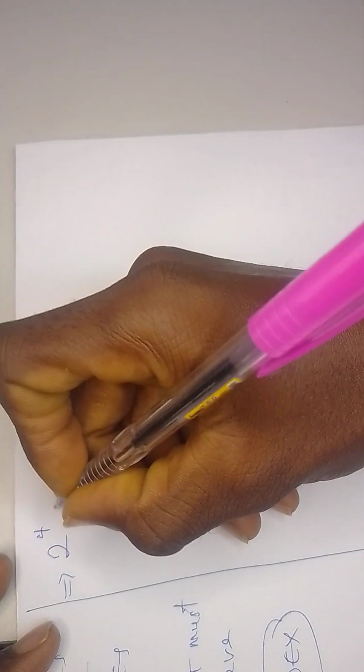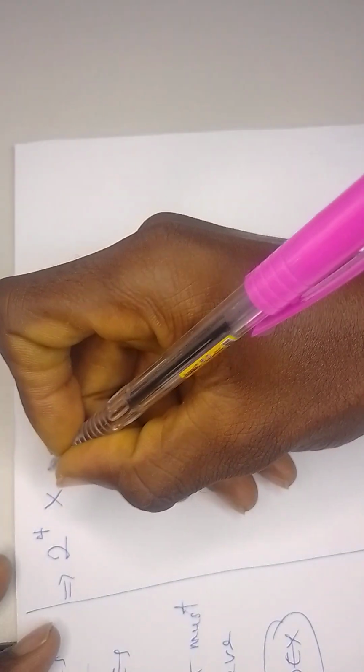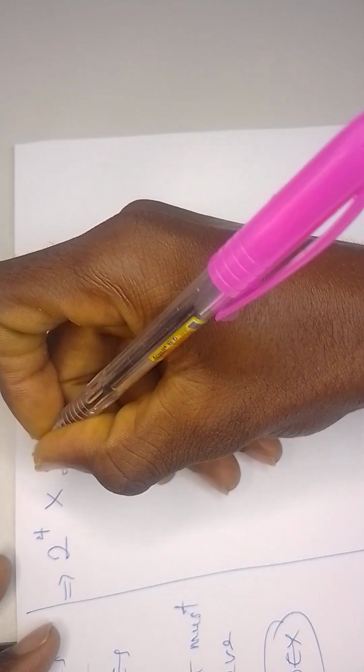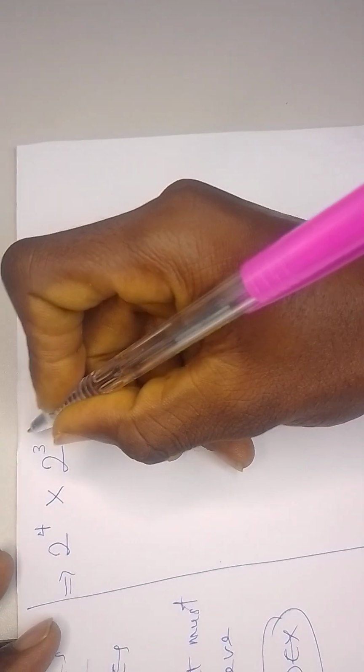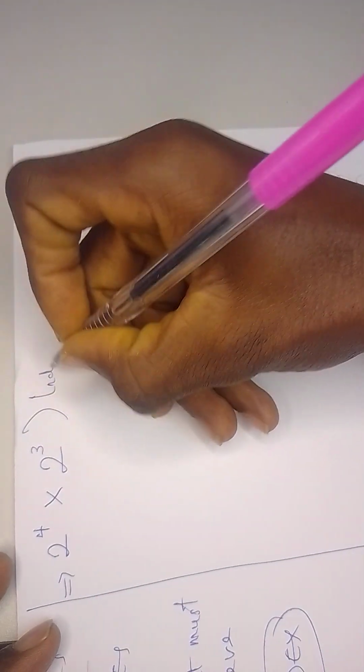So when you have different index coming together, it forms what we can refer to as indices. For example, if you have 2 raised to the power of 4 multiplied by 2 raised to the power of 3, this can be referred to as indices.